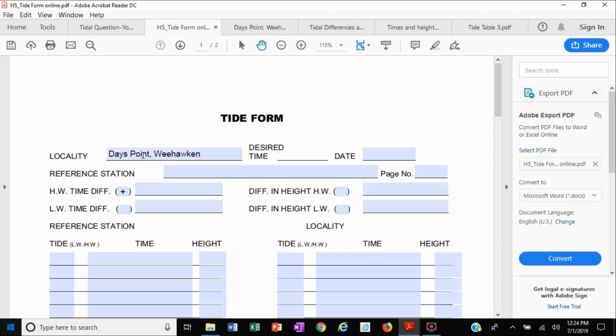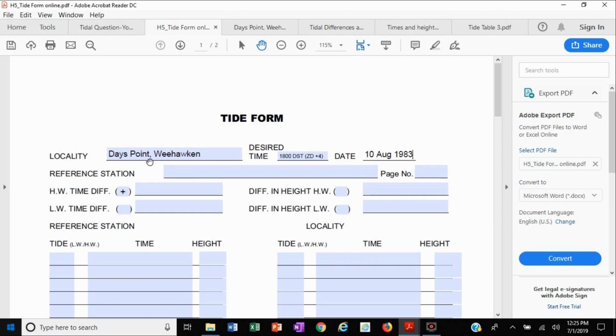Your desired time is 1800 DST with a zone description of plus 4. And the date is 10 August of 1983. Okay, so we have those plugged in here.